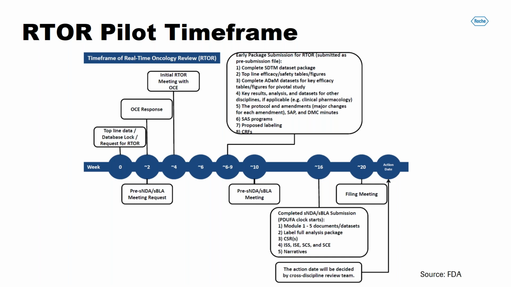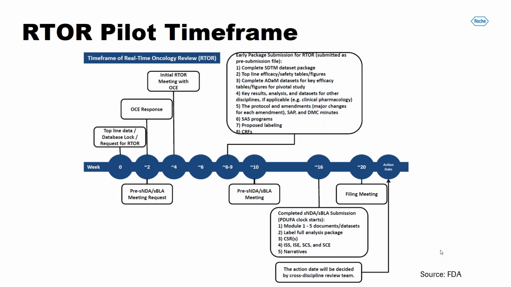First, the starting point, which as you can see is the top line data availability or the database lock, or when the sponsor requests RTOR participation. So when the sponsors contact FDA to request RTOR, within 2 weeks they will get the answer from the Oncology Center of Excellence.